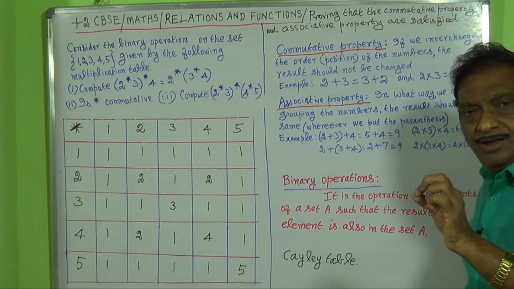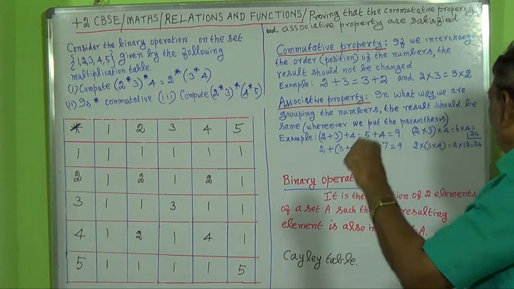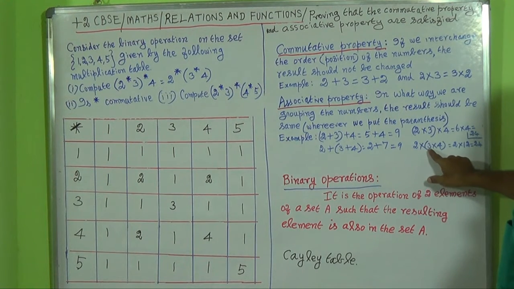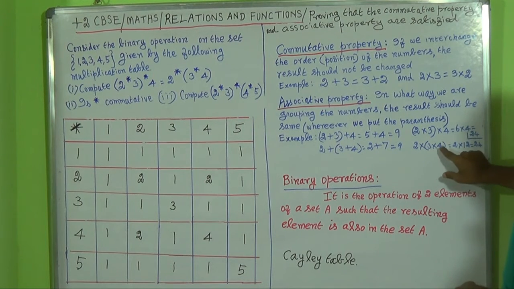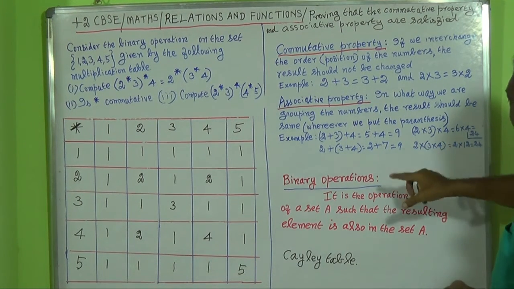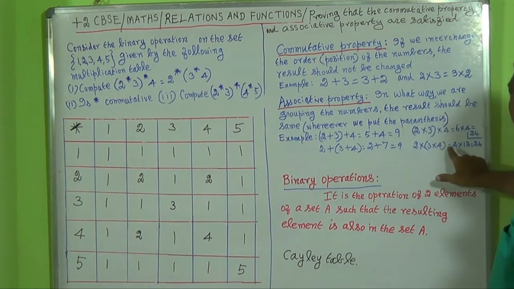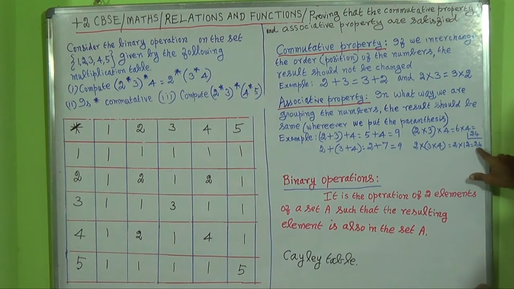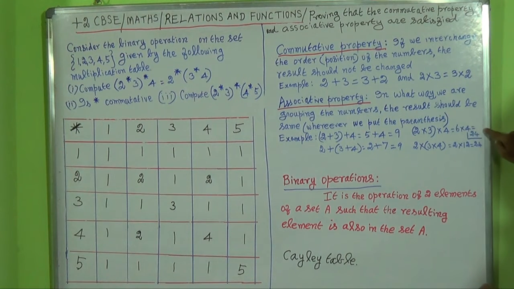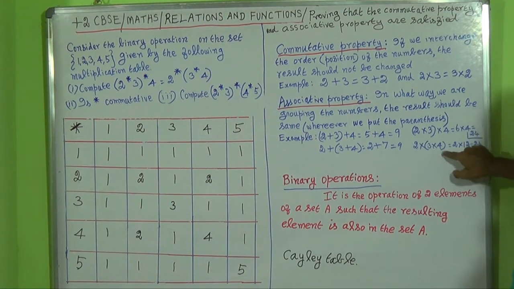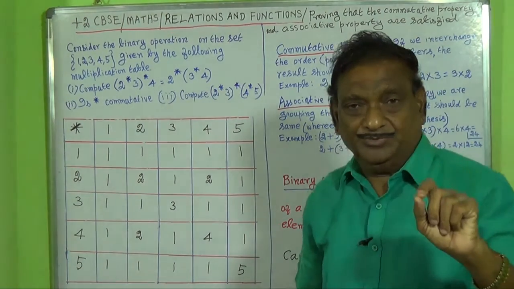The operation within the bracket, that is within the parenthesis, should be found first. So if we multiply 3 and 4, we get 12. After getting the result 12, we multiply this 12 with 2. So the final result is 24. So in the first case the result is 24, and in the second case also the result is 24. In both cases the results are the same.